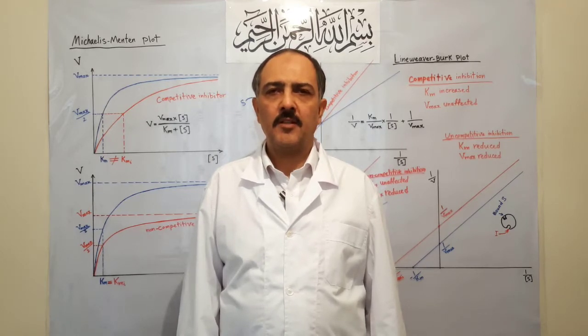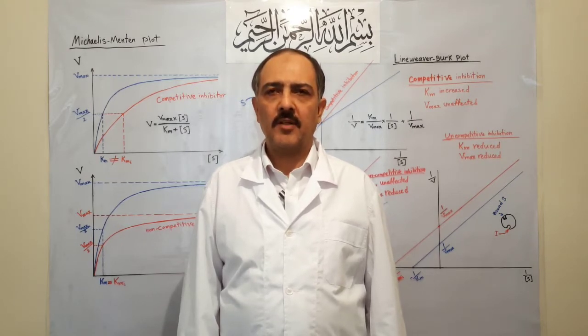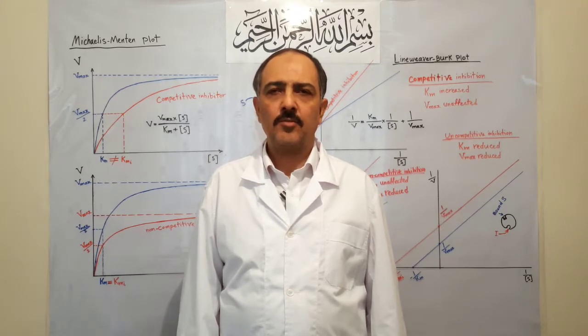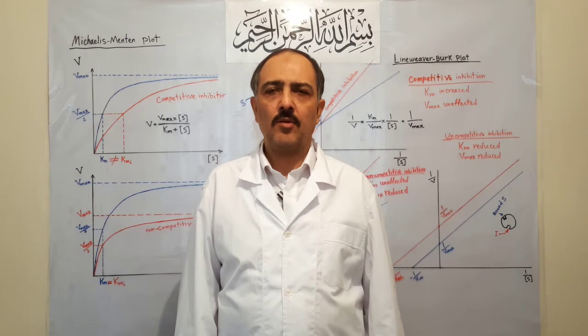Enzyme inhibition may be reversible or irreversible. In reversible enzyme inhibition, the inhibitor binds to enzyme reversibly by weak intermolecular bonds like hydrogen bonds or van der Waals bonds.